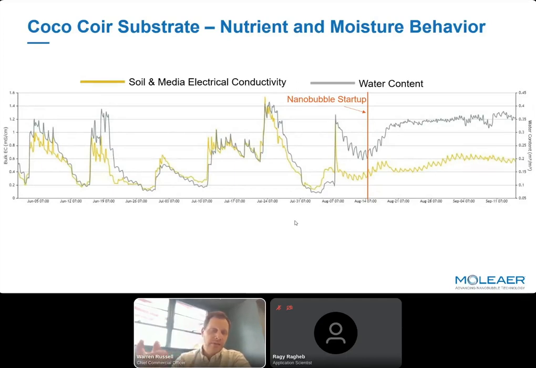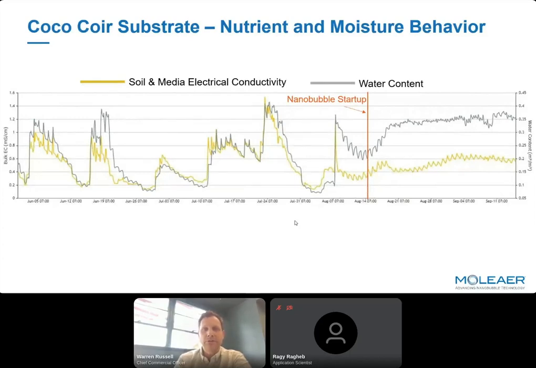What we see here is, as a consequence of that buffering capacity, in some cases it can also start to harbor more sodium salinity in there, and that can be a negative thing. This is a berry grower here in Central California, and here we've applied oxygen nanobubbles to their grow.